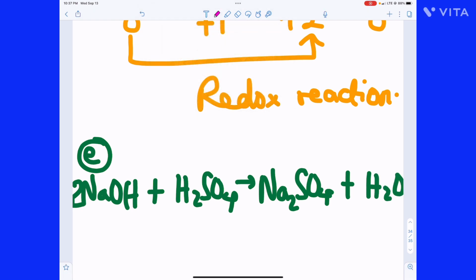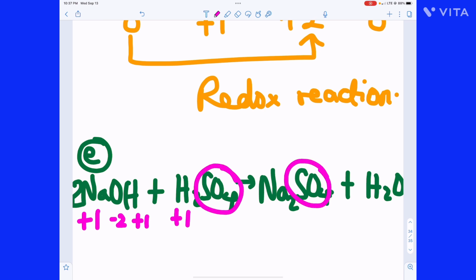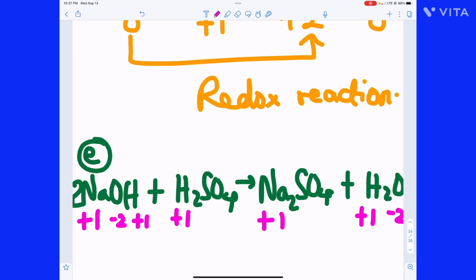Let's put the oxidation numbers. Sodium is +1 here. OH has oxygen as -2, hydrogen as +1. Here, hydrogen is +1. SO4 moved together from left to right, so we don't need to bother ourselves about the charges of its atoms. Sodium is still +1 here. Hydrogen is still +1 here. Oxygen is -2.